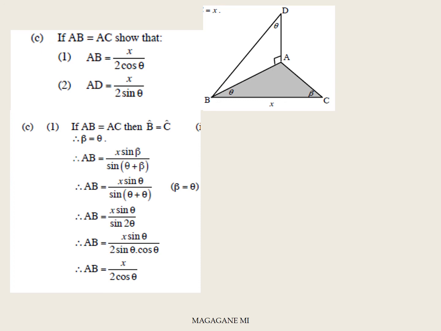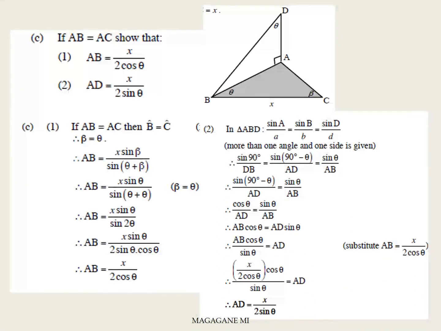If you look at AD, it is in triangle ADB. And in triangle ADB, your angle B equals 90 minus theta. So we're going to use our sine rule to answer this question. So sine 90 minus theta, which is angle DBA, over AD equals sine theta over AB. We have AB. Therefore, we know that sine 90 minus theta equals cos theta, so cos theta over AD equals sine theta over AB.